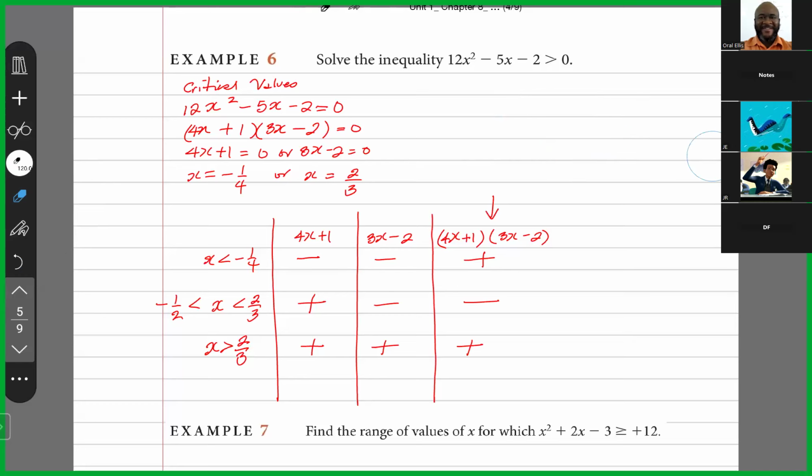These are the values of x for which 12x² minus 5x minus 2 is greater than 0, which means the values of x for which it is positive.